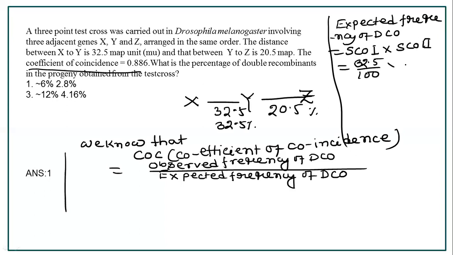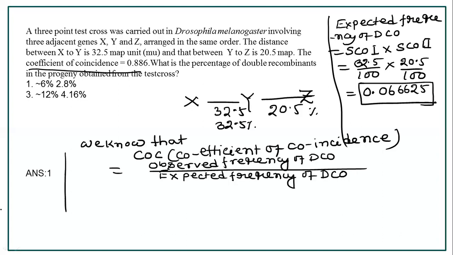Another is 20.5%, so 20.5 by 100. Now here you will get 0.066625, right?